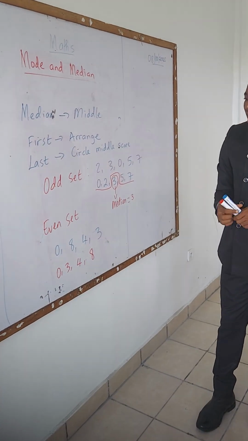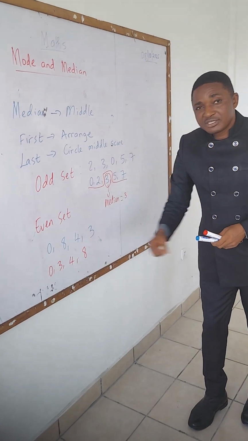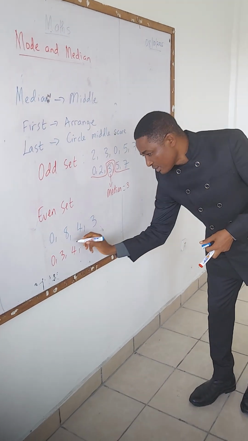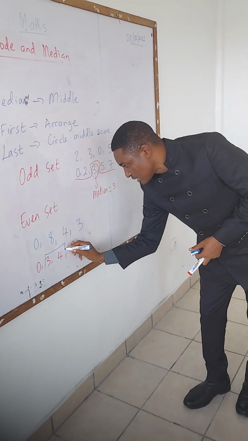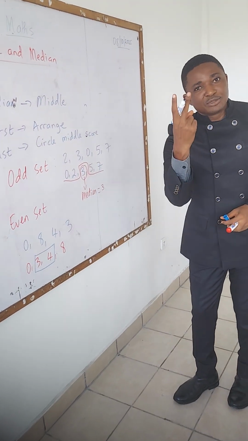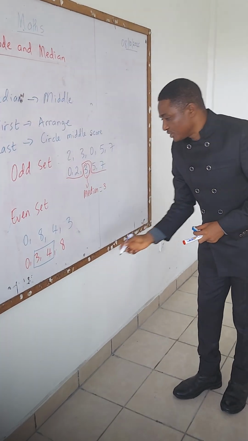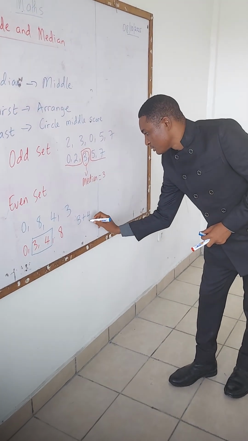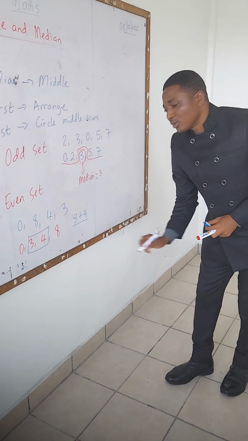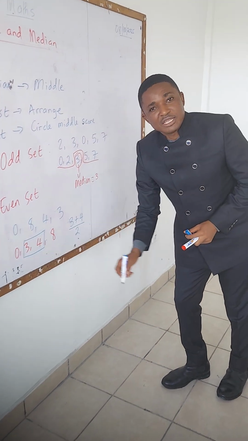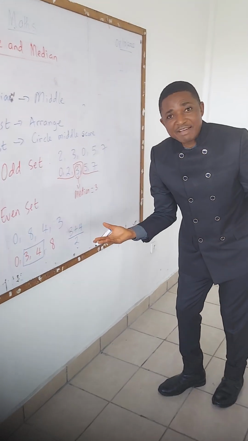Alright? How do we calculate the median for even set of data? So the median would be the two scores that you have in the middle, then we find their average. So you add those two scores in the middle and find the average. The two scores are 3 and 4, so we have 3 plus 4, all over 2. Why are we dividing by 2? Because there are two scores in the middle, so that's what you call the average.